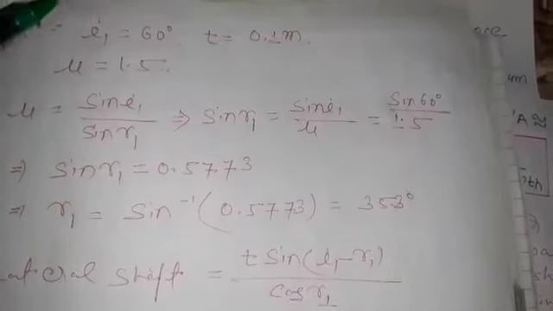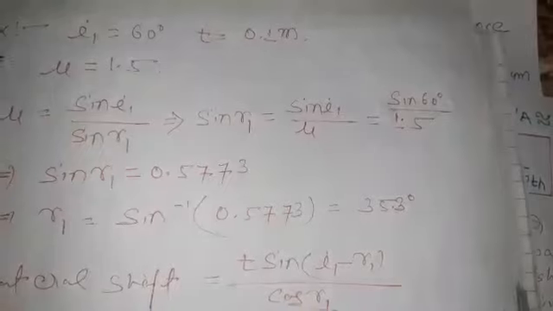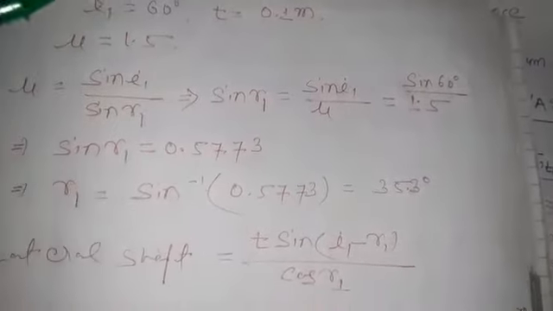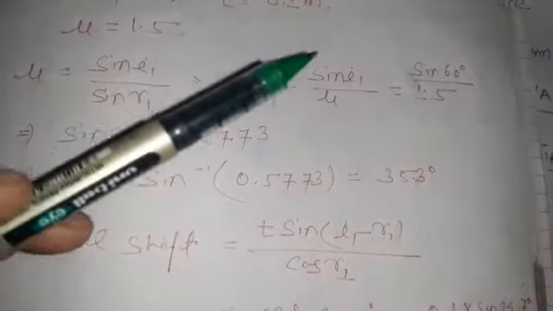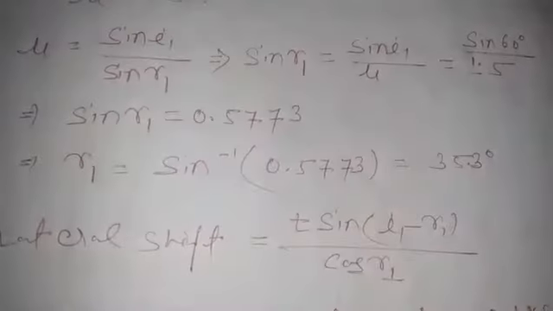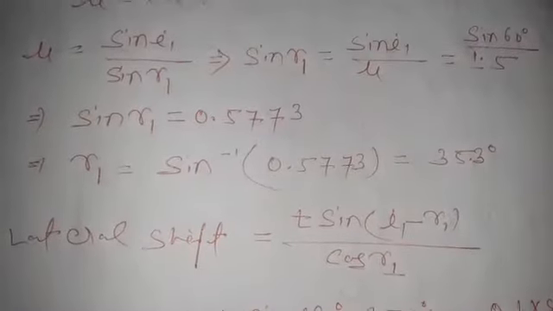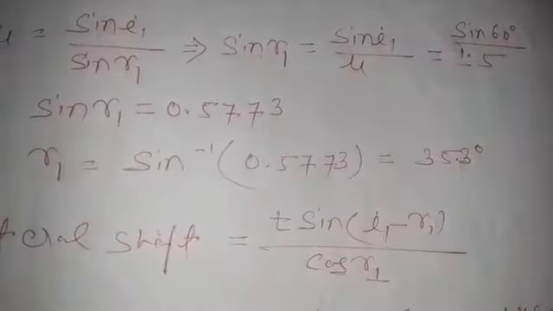So here we have I1 equals 60 degree angle of incidence, T is the thickness 0.1 m and the refractive index is 1.5, so mu equals sin I1 upon sin R1. So sin R1 equals sin I1 upon mu, sin 60 divided by 1.5, so sin R1 equals 0.5773, or taking inverse, R1 equals sin inverse of 0.5773. So 35.3 degree is your angle of refraction.